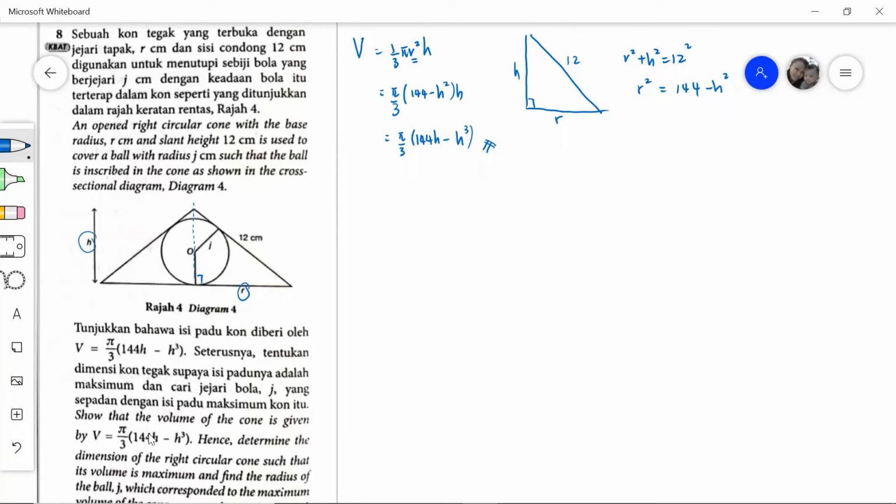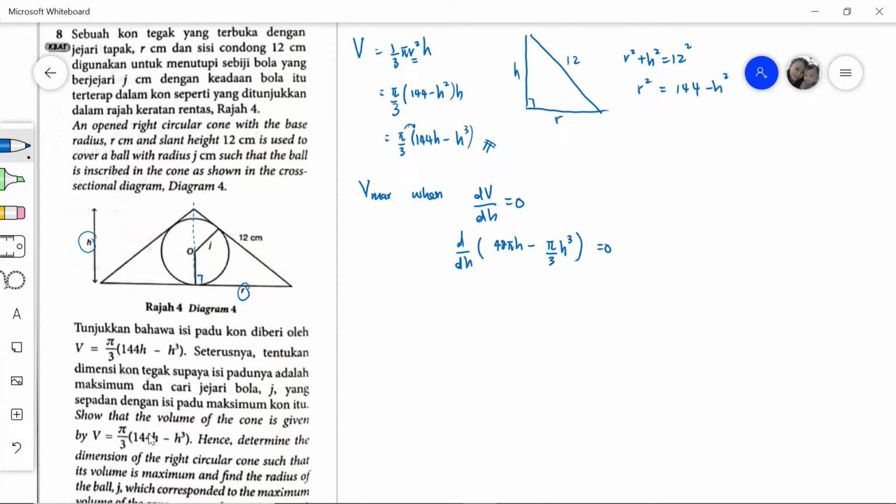V will be maximum when we differentiate V with respect to h and set it equal to 0. Let's look at V, multiplying the pi over 3 in. So we have 48 pi h minus pi over 3 h cubed.